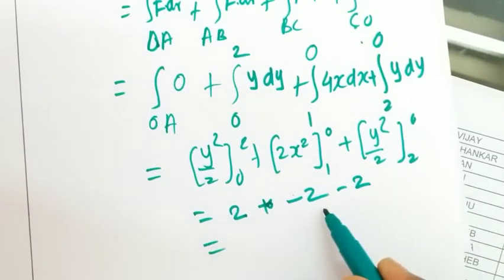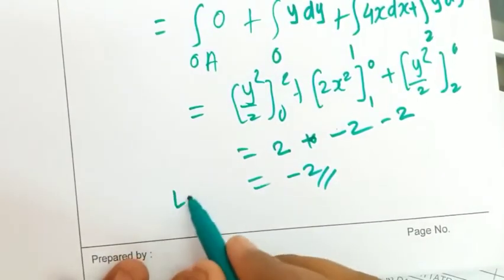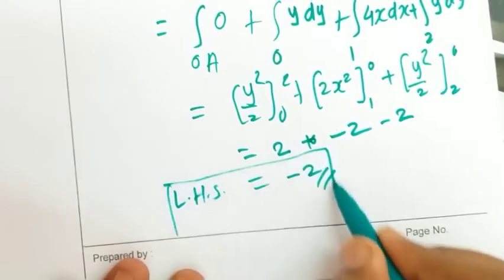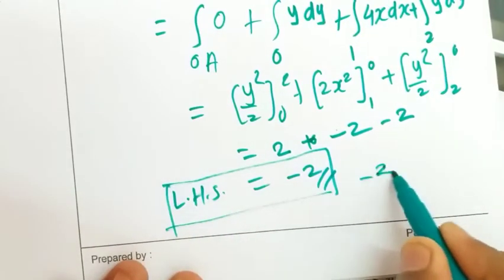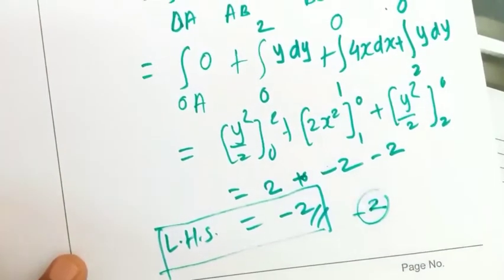So 2 minus 2, 0 minus 2, so the final answer is minus 2. The value of the left hand side we have obtained as minus 2. Give this equation number 2. Now let us calculate the right hand side, and we have to show that it is also equal to minus 2.